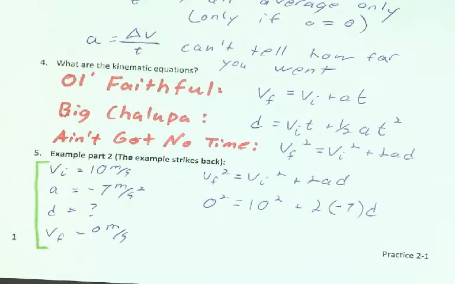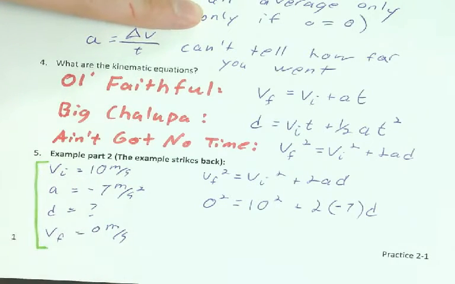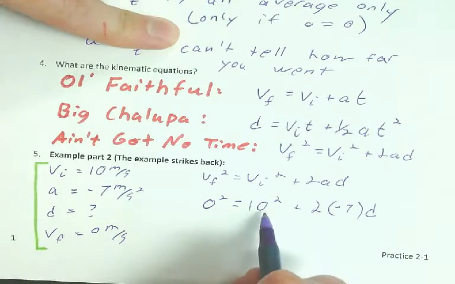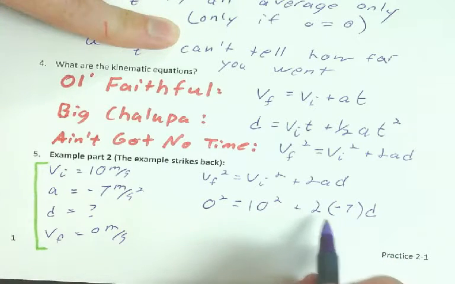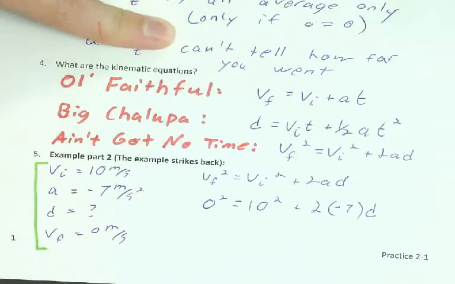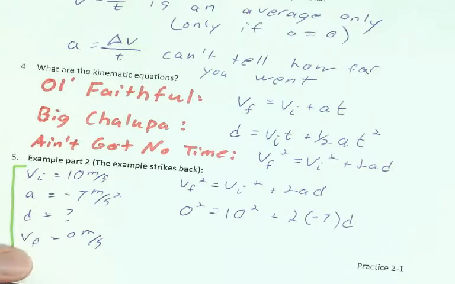Because if you're just thinking, well, I multiply or divide, like if you're just like, oh, it's -7 times 10, that's not going to get you anywhere close because you're forgetting to square the 10. You need to multiply 7 by 2, and you're solving for D, which is on the right side, not on the left side. So these equations are going to be much more difficult to just do automatically in your head.